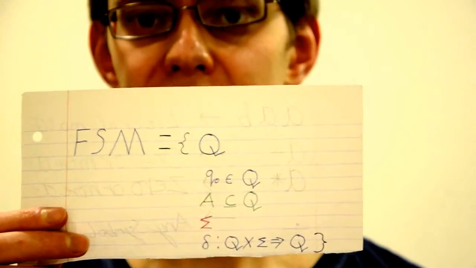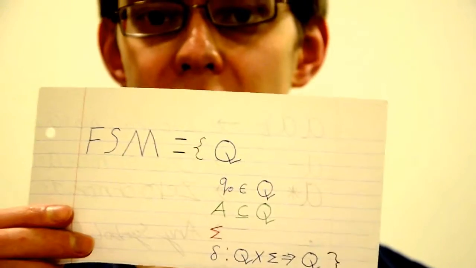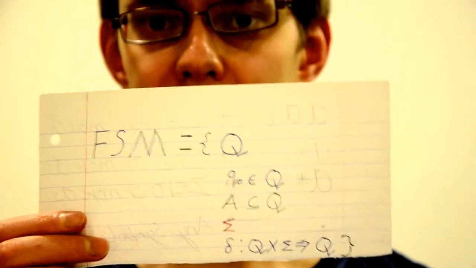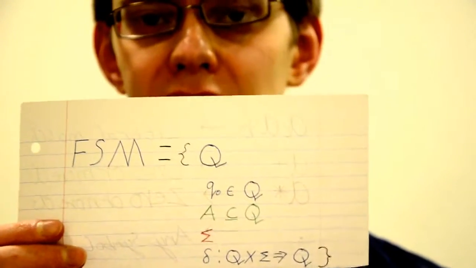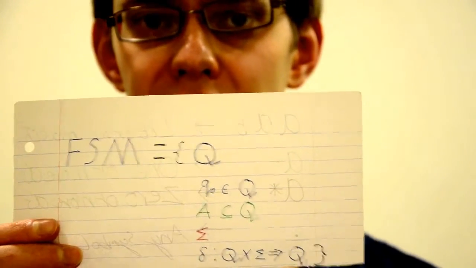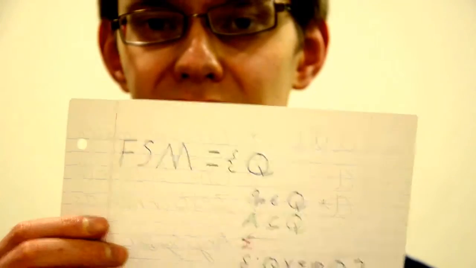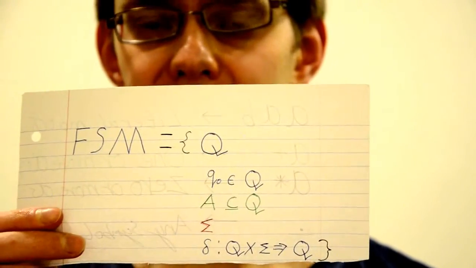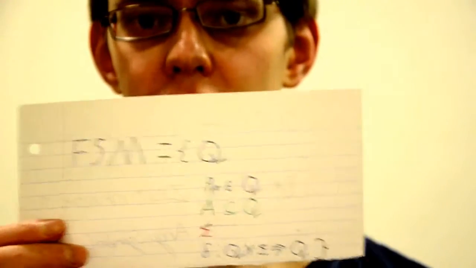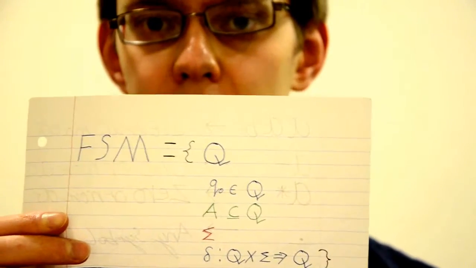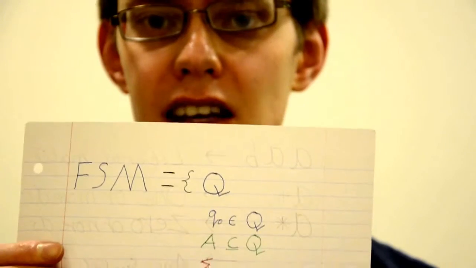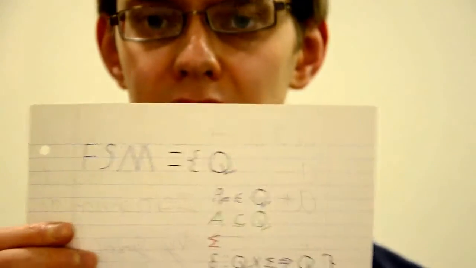And finally, the transition function, which will be in the size area of the alphabet times the states, because for every state it has to be able to transition to another state or stay where it is, or at least react for every symbol in the alphabet.